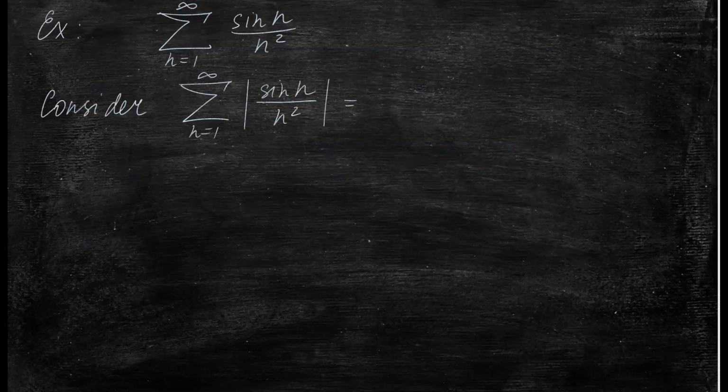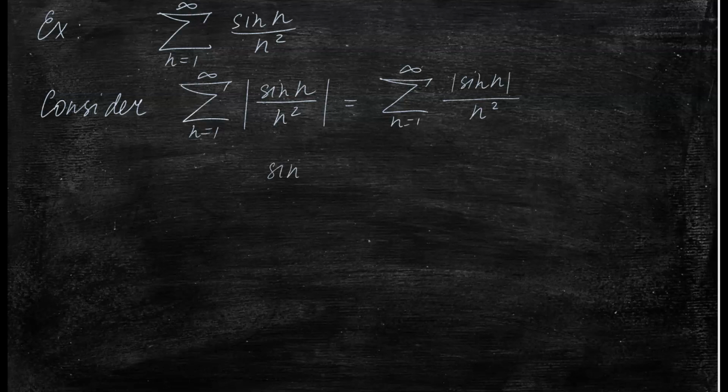And if we play with this series, we can separate the numerator and denominator. And since n squared is always positive, there is no need to put the absolute value around something that is always positive. And now we can use the following argument.